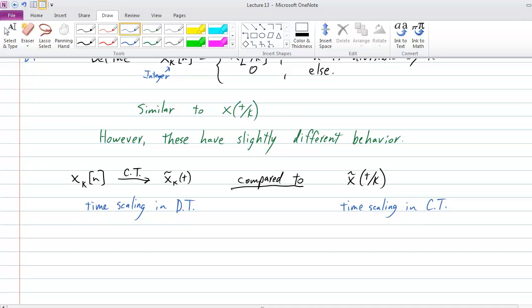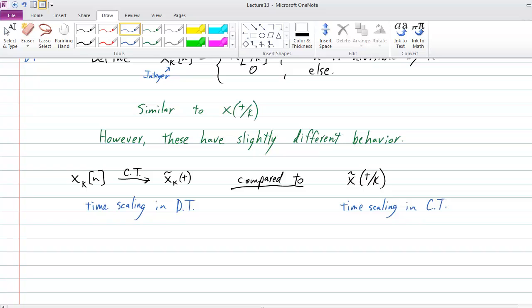Here's the trick we're going to use to show that this is true. There's two ways to do it. So let's do it with the Fourier series. Okay, first way, proof number one. Fourier series. Now, this is periodic.